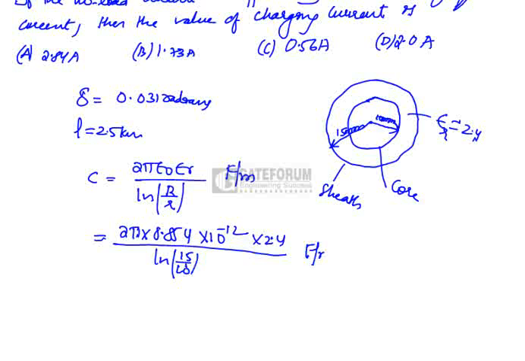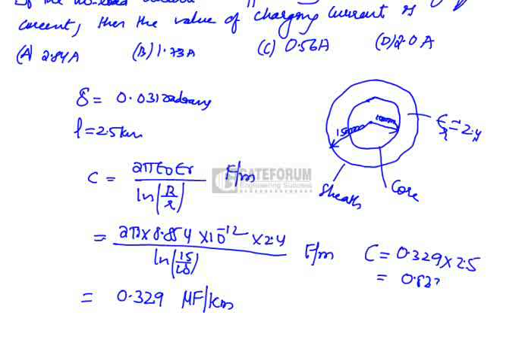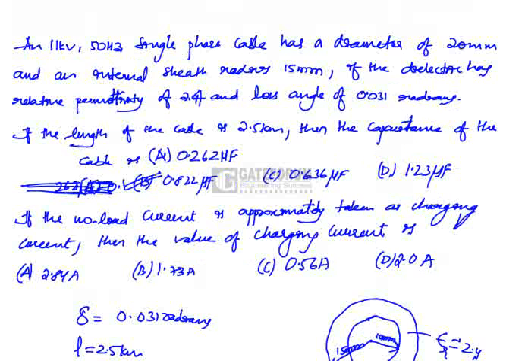You can find this as 0.329 microfarad per kilometer. For 2.5 kilometers, 0.329 into 2.5 equals 0.823 microfarad, which is option B.